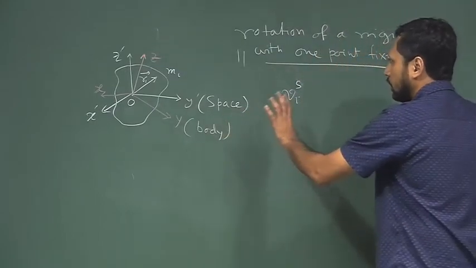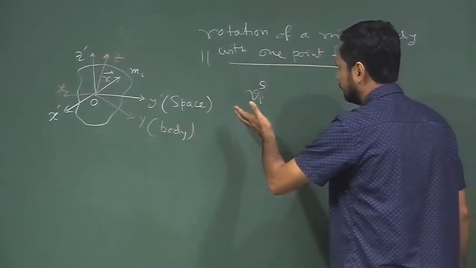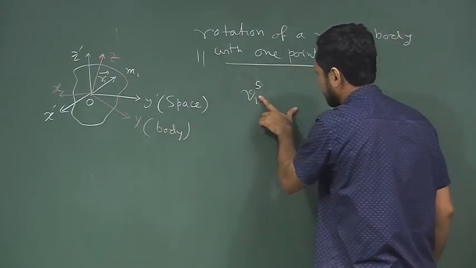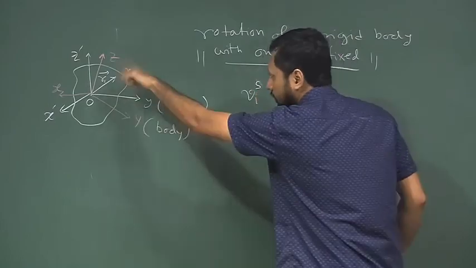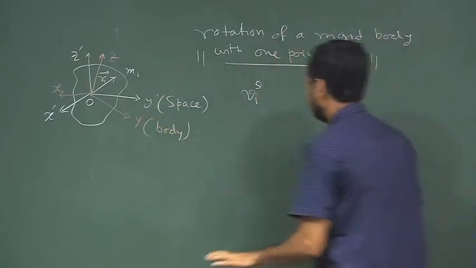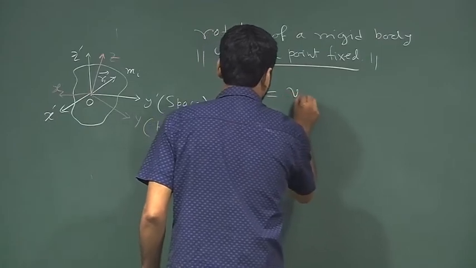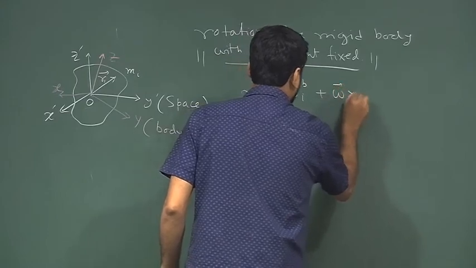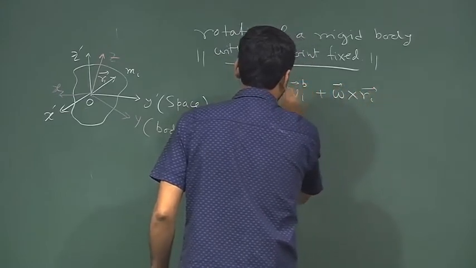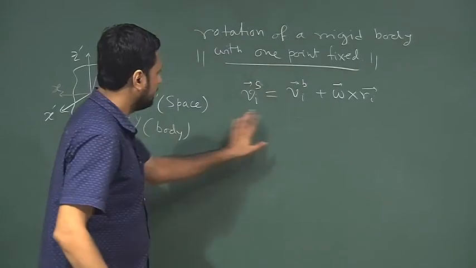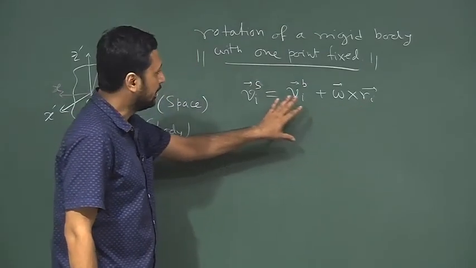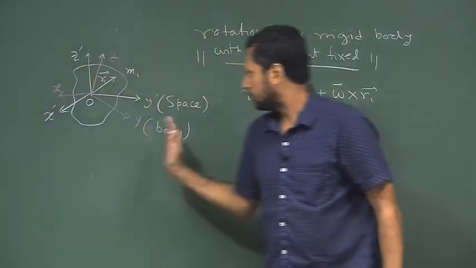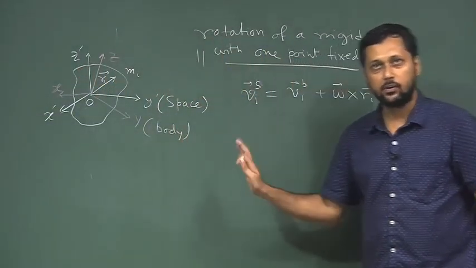If I want to calculate the velocity of the ith point with respect to this space set of axes, which is the inertial axis, it will have two components: v I body plus omega cross r I. These are all vectors. This equation looks very familiar, because this is the exact same equation we derived for the moving coordinate system, and this body set of axes is the moving coordinate system of our interest.